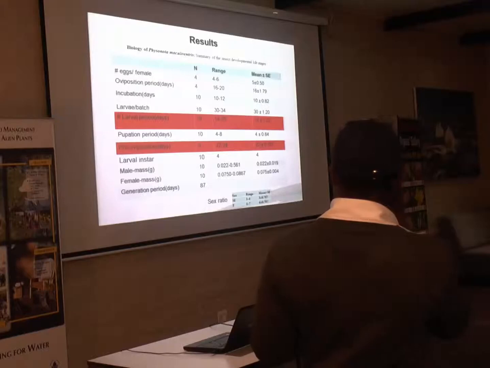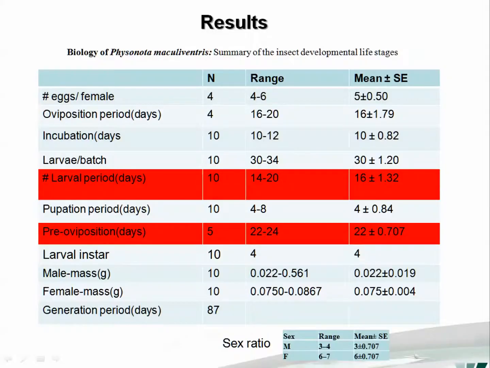This is the result for the biology of Physonota maculiventris. It's just a summary. I looked at the number of egg batches per female, oviposition period, incubation period, number of larvae produced per batch, larval period, pupation period, pre-oviposition period, number of larval instars, male and female mass of the newly emerged adults, and the generation period.